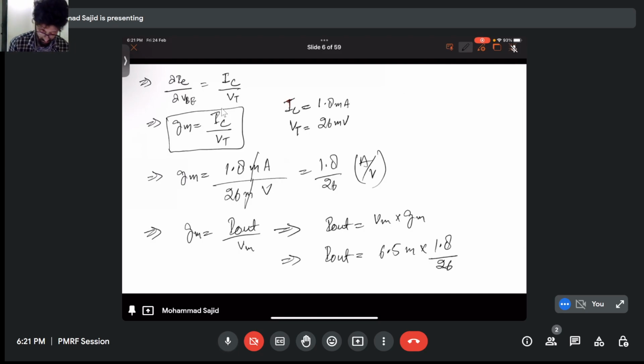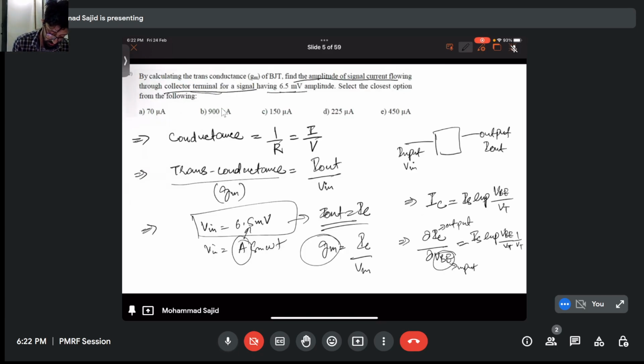Let me just calculate it. 6.5 times 1.8 divided by 26 comes out to be 0.45 milli. That means our output is equivalent to 450 microampere. So 450, yes, this is one option which is the exact value.